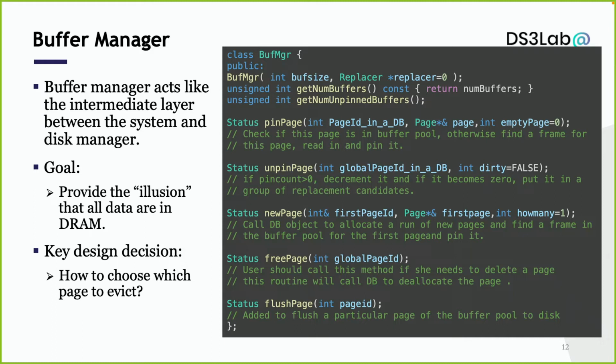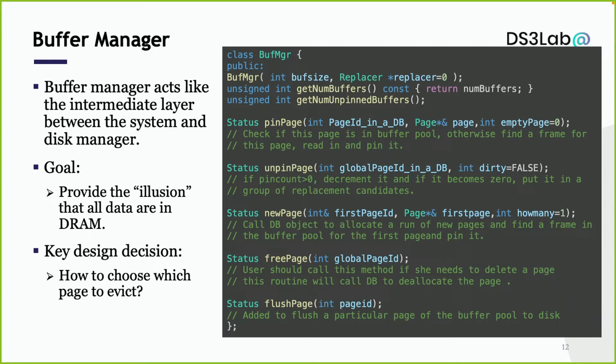So if you think about the design decisions we have in building a buffer manager, the key design decision is what to do whenever the buffer is full, because it's going to be full at some point because of the storage hierarchy. My memory is going to be smaller than my hard drive. There will be some point at which my buffer is full.